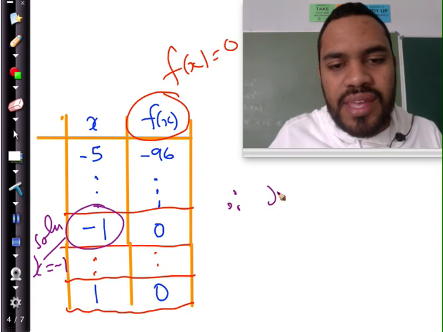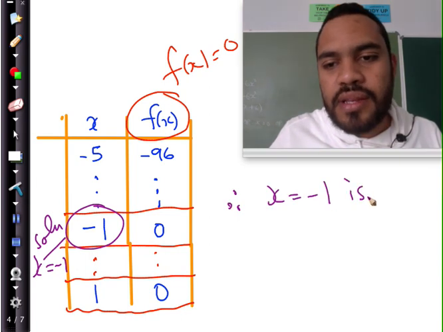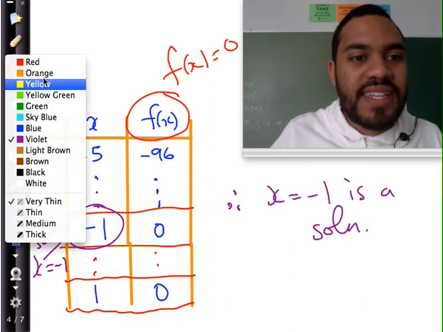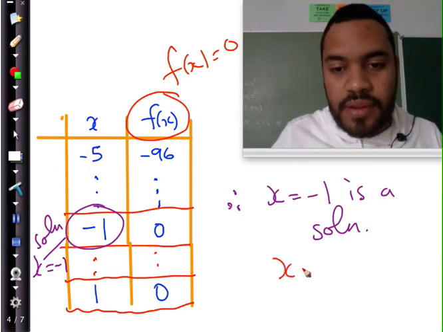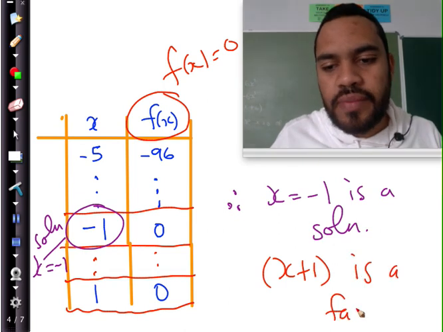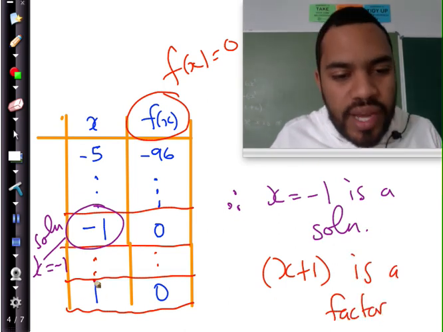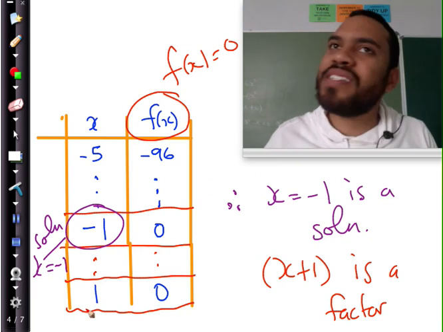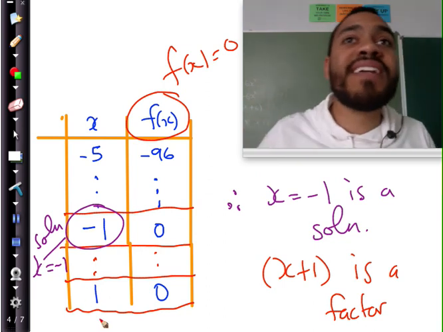Therefore, x equals minus 1 is a solution, which means that x plus 1 is a factor. Or I can say x equals 1 is a solution, and therefore another factor will be x minus 1.